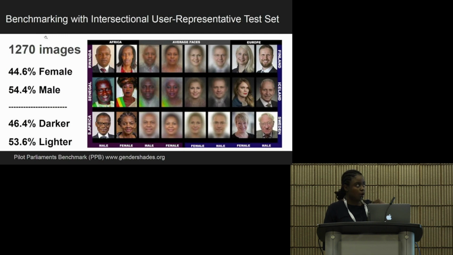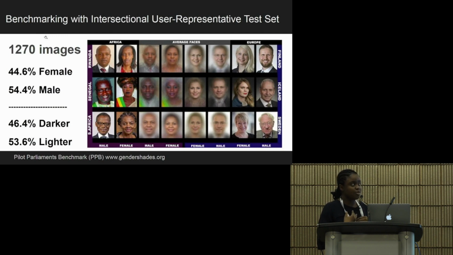Our solution to that for Gender Shades was the introduction of a new benchmark, one that was balanced in terms of who we hope to see in the population that was being served. Gender Shades is effectively an audit of a given binary task, which we had chosen as gender classification. We audited commercial APIs for the gender classification task on a benchmark that we created called the Pilot Parliaments Benchmark.